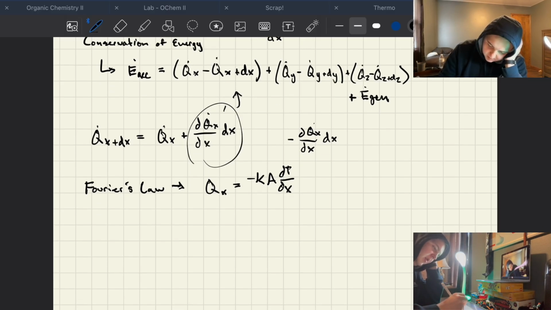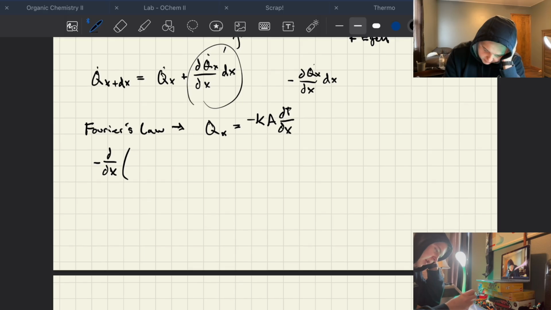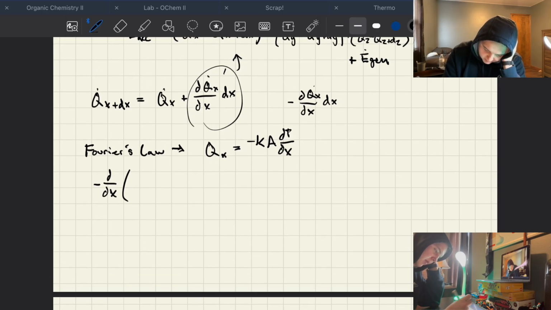So let me add another page. What we're going to have here is negative differential. All I'm doing here is taking this qx and this qx here. Let me use the laser pointer. Since it's here, I'm just going to substitute this value for qx here. Basically that's it.